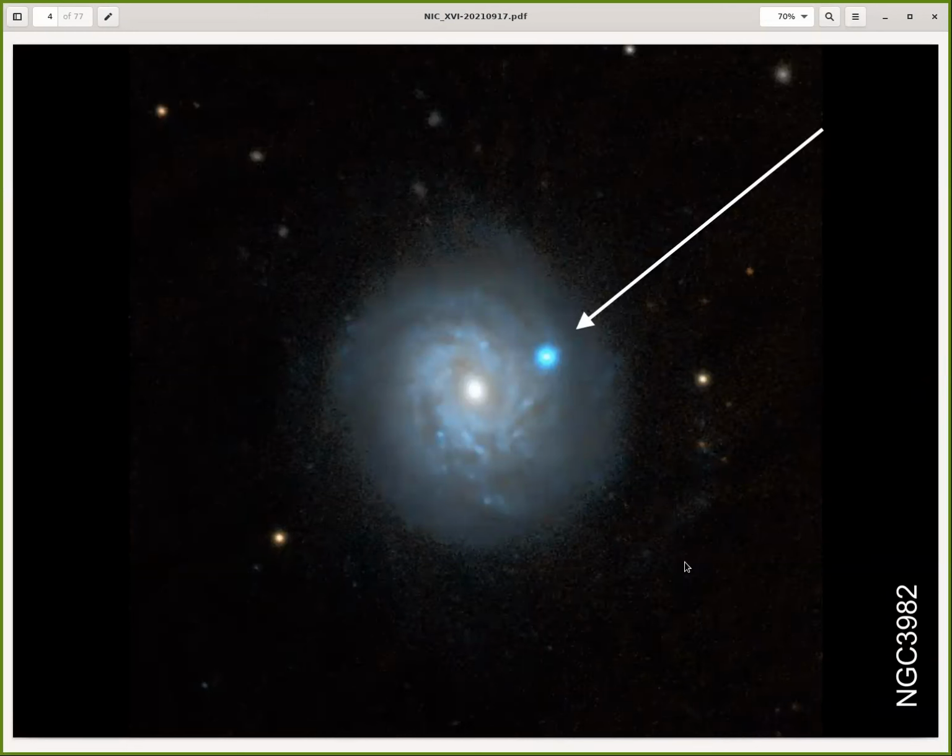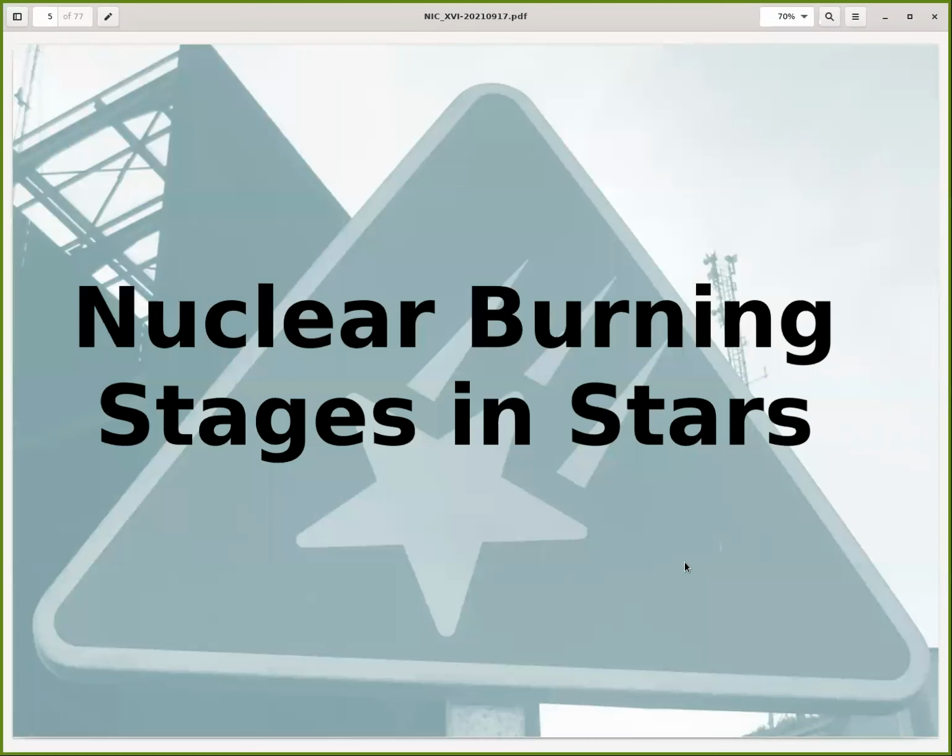Okay, so to understand now how the evolution of the stars actually proceeds, we need to understand the different nuclear burning stages that stars undergo. So this is what we want to do next, follow the nuclear burning stages and the different ways in which stars actually produce energy and so fuse light elements into heavy elements, because this is what sets the time scale for their evolution, as we have seen.